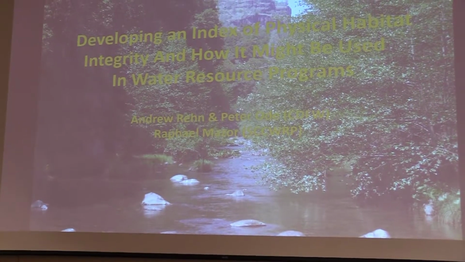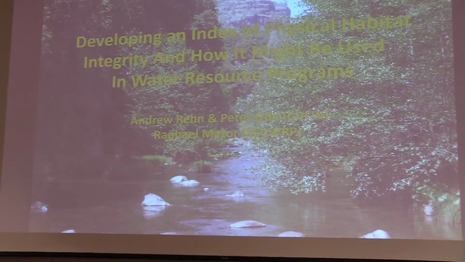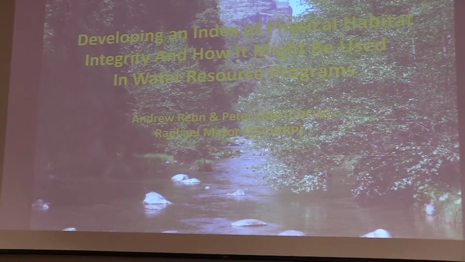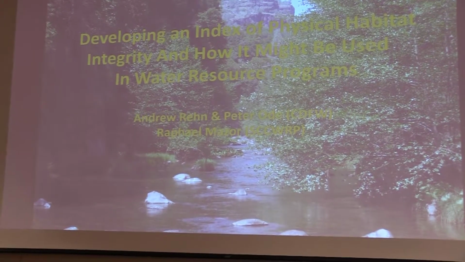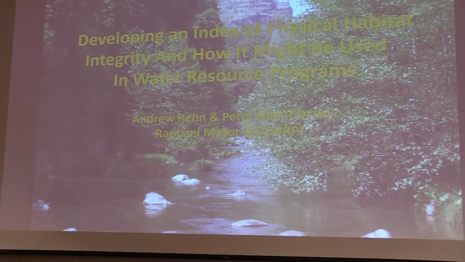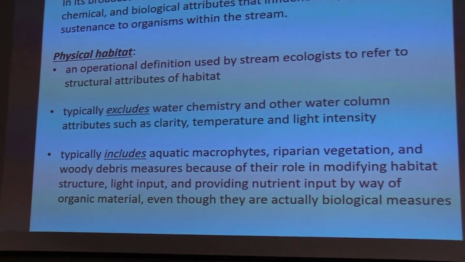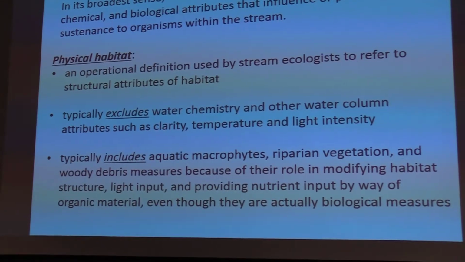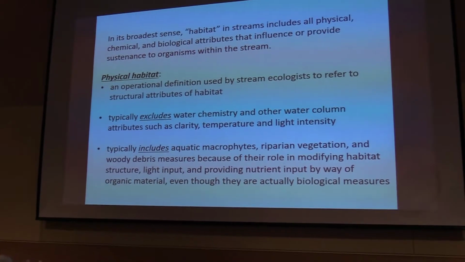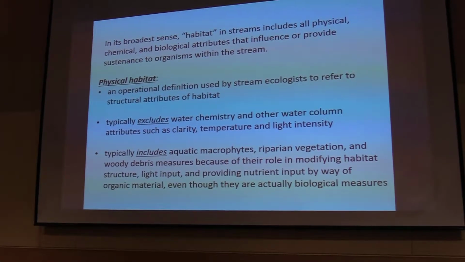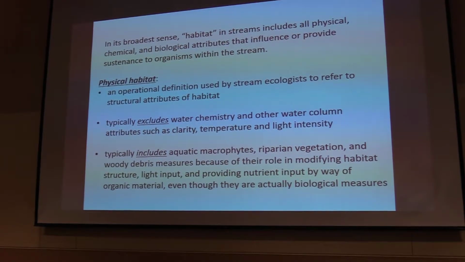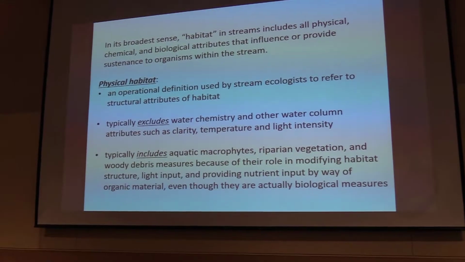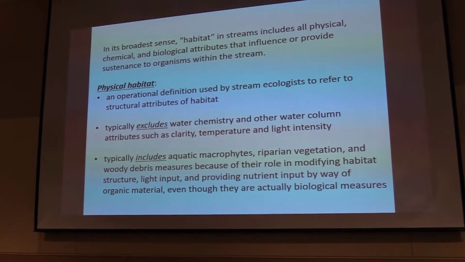And once again, I think about half the crowd is new to CABW, so I assume that not all of you live and breathe bioassessment. So with that in mind, let me just begin by briefly describing what we're talking about when we talk about physical habitat, or PHAB. In the broadest sense, habitat in streams includes all physical, chemical, and biological attributes that influence or provide sustenance to organisms in the stream.